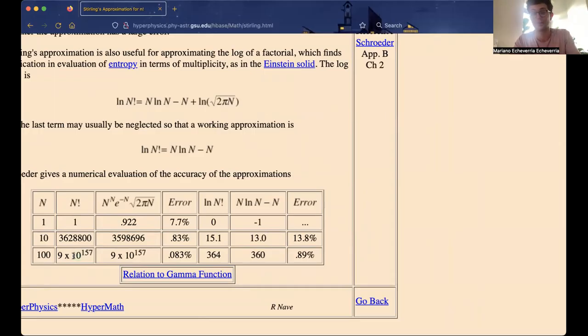Now you're talking about 10 to the 157, a 10 followed by 157 zeros. It's an extremely big number, and with the Stirling approximation you can almost not even tell the difference. You would have to compute it more carefully, but it's less than 0.1%. So even for 10 it's a pretty darn good approximation.